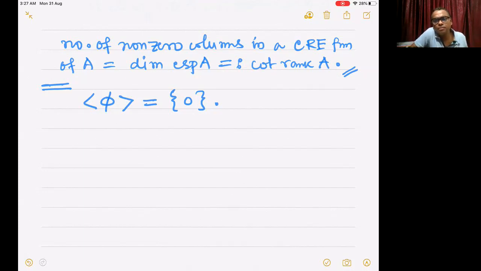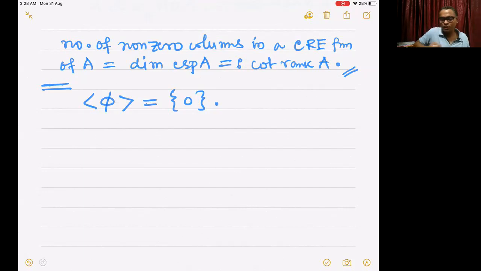Which subspaces will contain it? Every subspace, all possible subspaces will contain it. And what is the intersection of all of them? The intersection of all possible subspaces is the zero subspace. So the zero subspace is the smallest subspace that contains the empty set. And from that definition, the span of the empty set is indeed equal to the zero subspace. So that's the basis for the zero subspace.